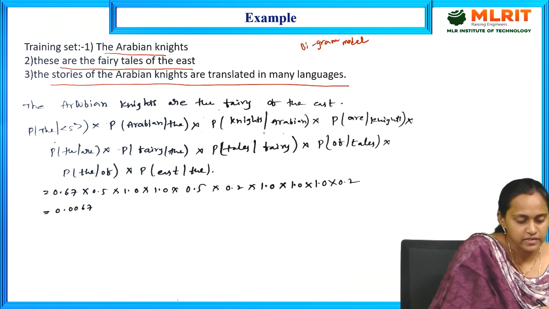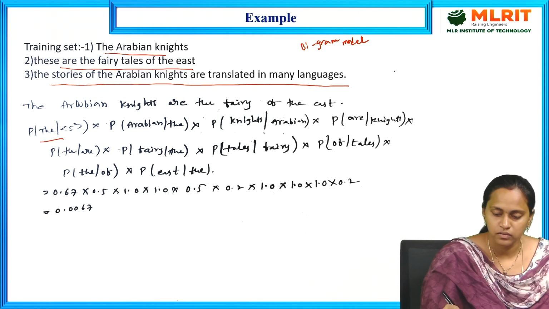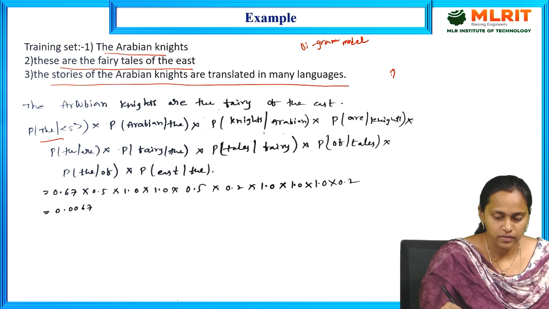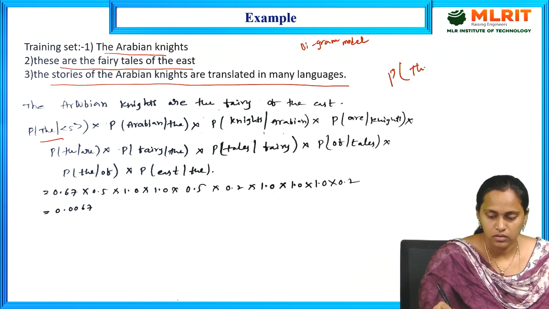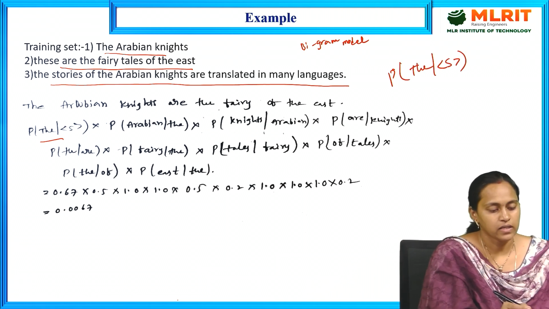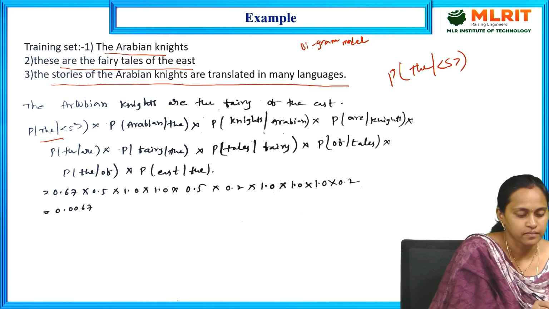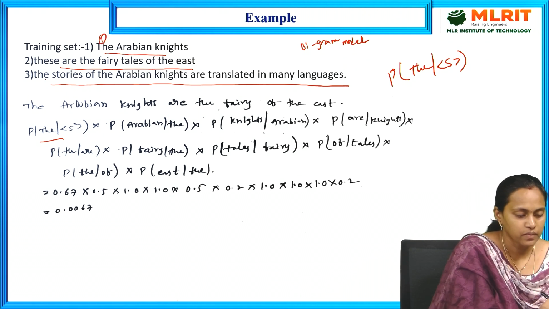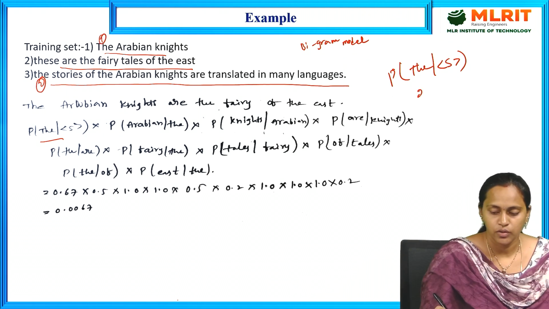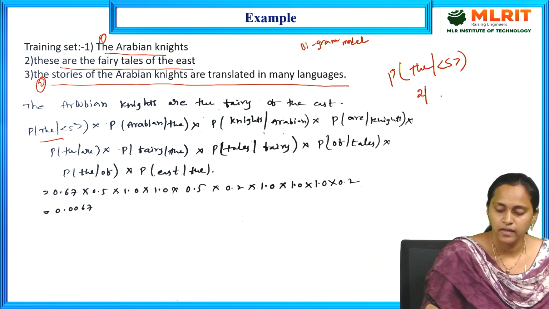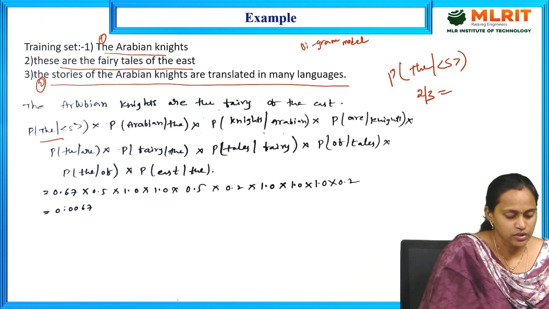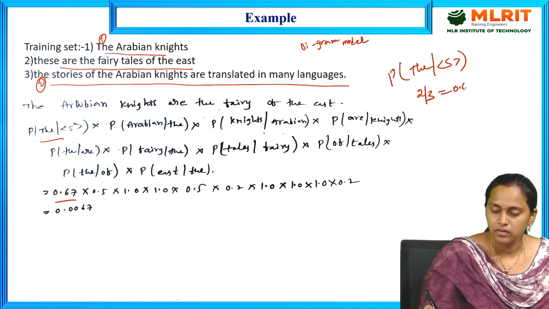Take one example: probability of "the" at the sentence start. How many times does "the" occur at the start? Here 1 time, here 2 times, so 2 by the 3 sentences, that is 0.67.